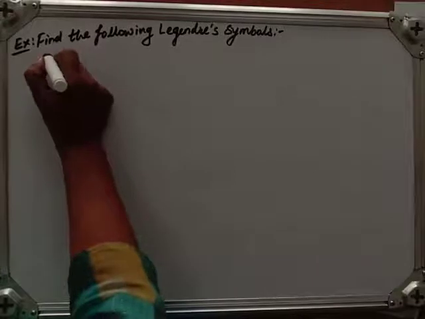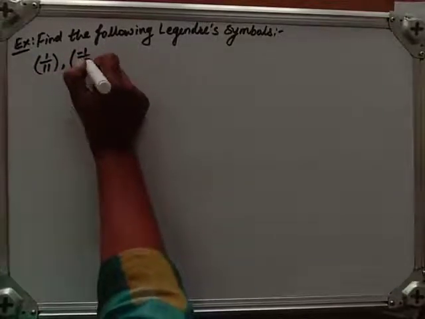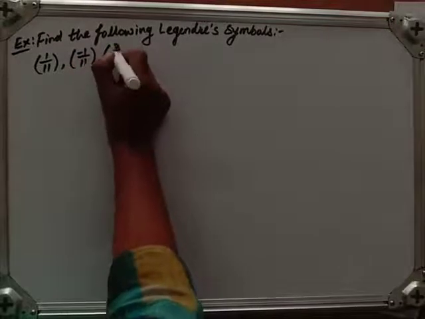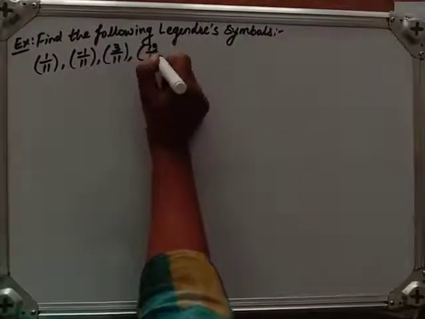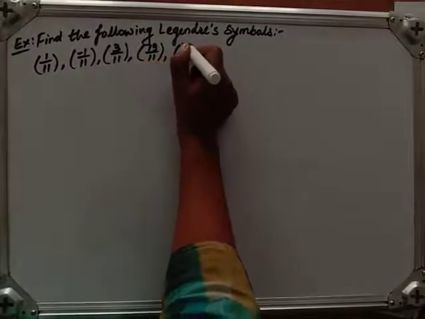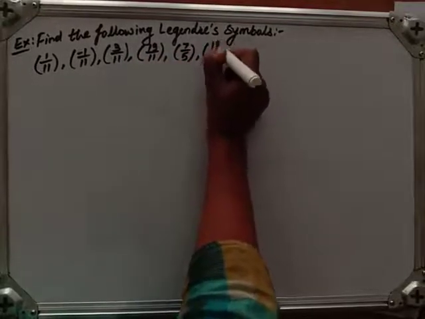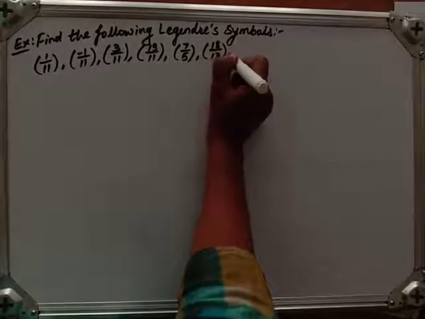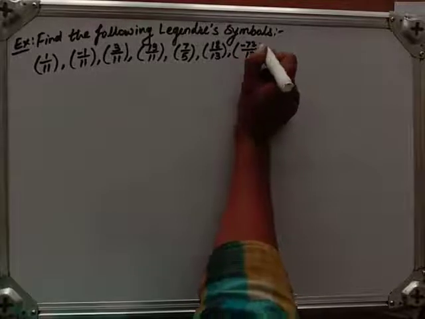Which are they? 1 by 11, minus 1 by 11, 3 by 11, 19 by 11, 7 by 5, 18 by 13 and minus 72 by 13.